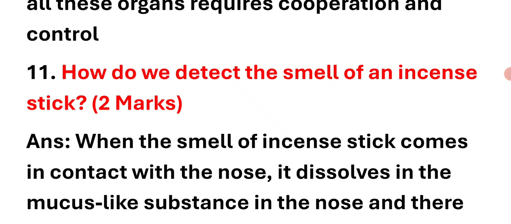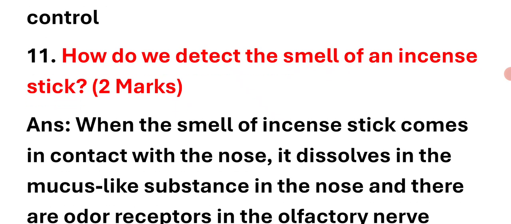Next 2 marks question. How do we detect the smell of an incense stick?